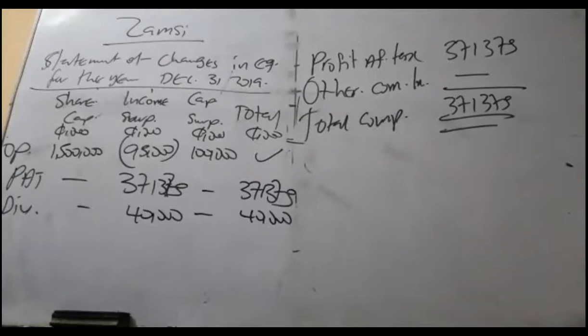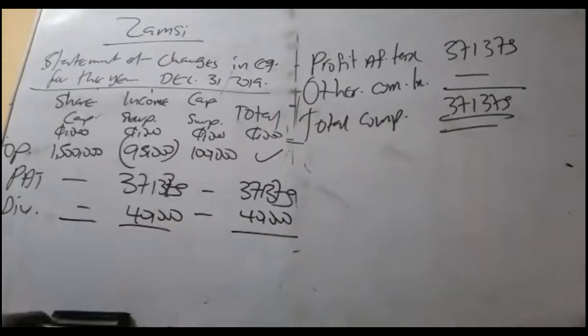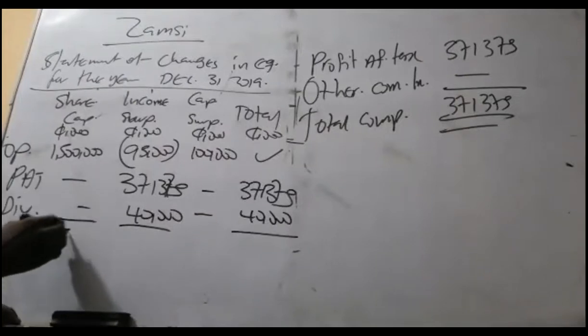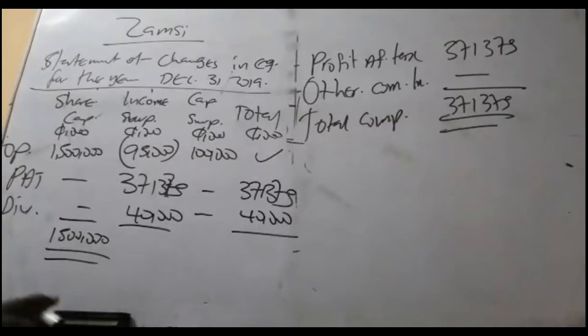Now when you are done, you put all of them together. So you total them. That's the end. This one will still give us 1,500. Then you sum this one also up.